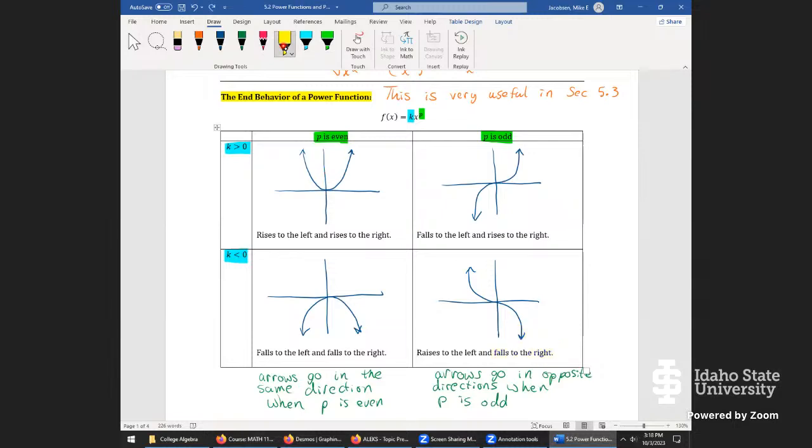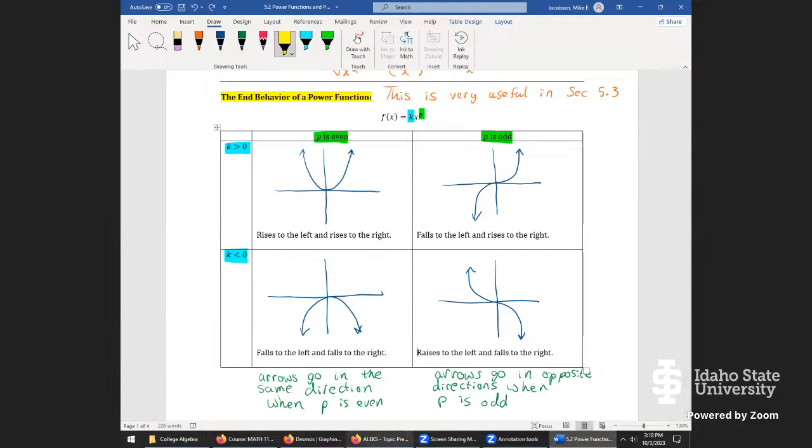So this is essentially our big cheat sheet. It's going to help us plot any function in section 5.3 because for the end behavior of a polynomial, all we do is find its most dominating coefficient, the one with the highest power, the leading term, and whatever is happening on that leading term, we just look at this chart, and that's what's going to happen to the polynomial.